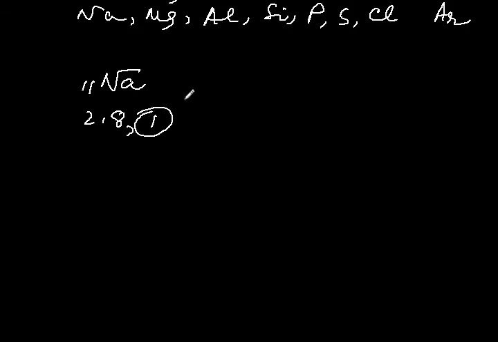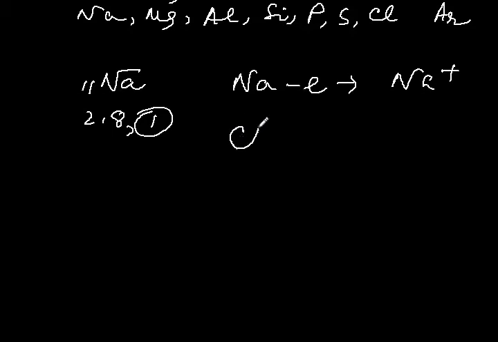So it will be very convenient to remove that one electron, and sodium can easily form a cation. So in the third period, the minimum amount of energy required for removing one electron from sodium is minimum. So the ionization energy for sodium is minimum.